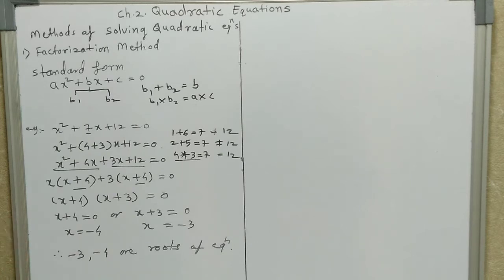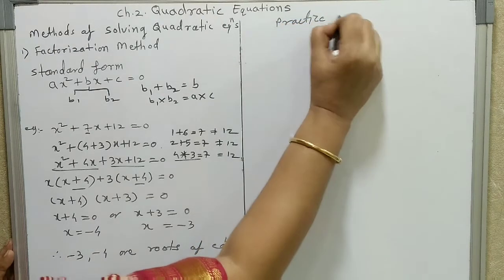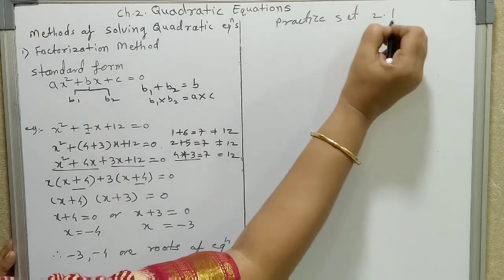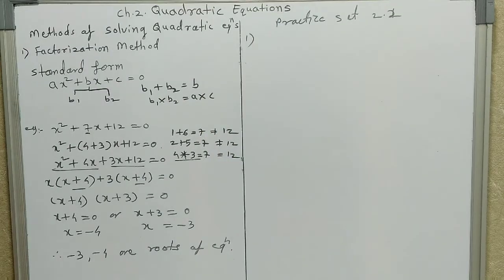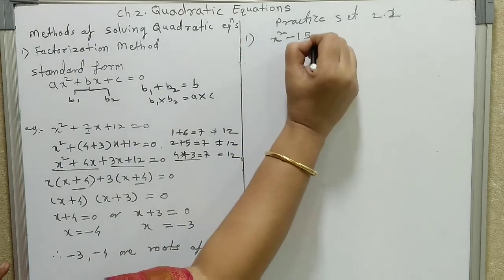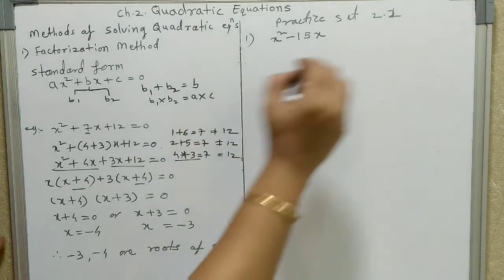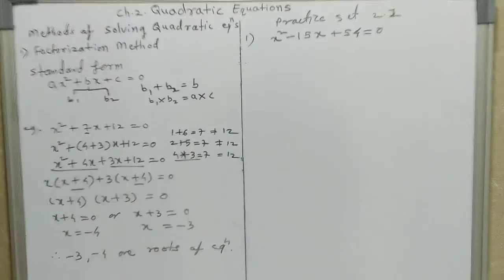Now we see the next, that is practice set 2.2. Now we see the first example. Solve the given equation by the factorization method. See the first example, x square minus 15x plus 54 is equal to 0.